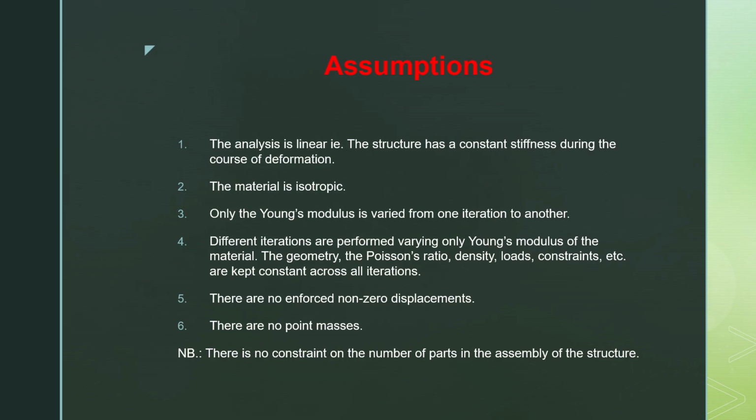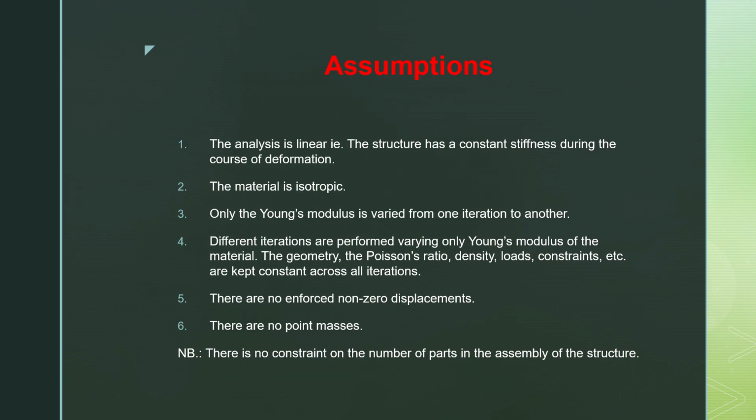Now, the fifth point, there are no enforced non-zero displacements. If there are enforced non-zero displacements, then this analysis is not valid. Last point, there are no point masses. And of course, the NB: there is no constraint on the number of parts in the assembly.